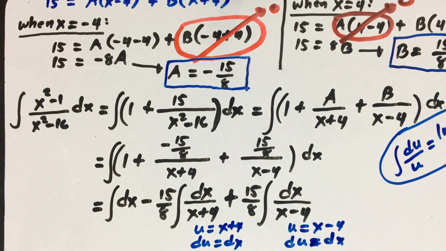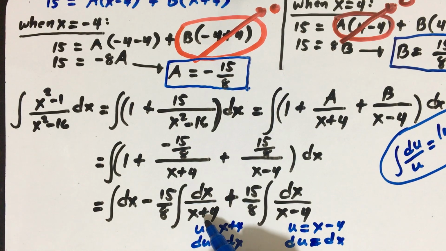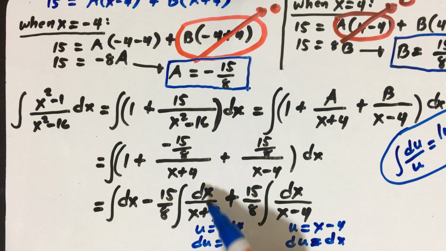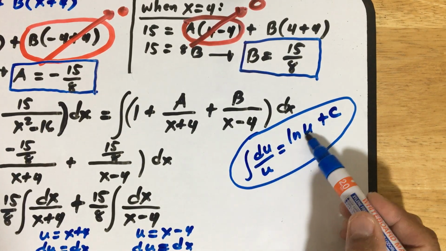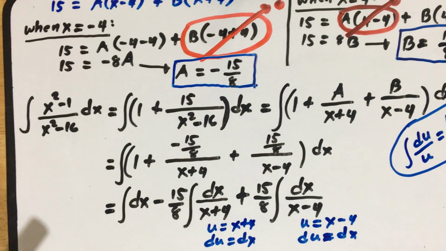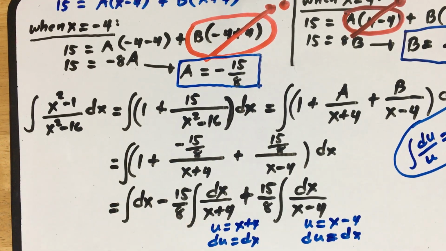So this is now in the form of du over u. Integral of du over u is equal to ln u plus c. So what's next?